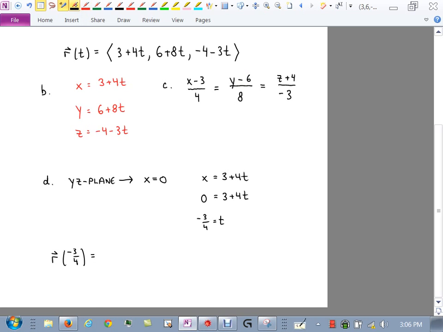Okay, so what do we know happens when we plug it into that first component there? It's 0. Okay, that's what it should be. And then plug in negative 3/4 right here. What do you get? 0? Y'all agree? And then plug it into here.